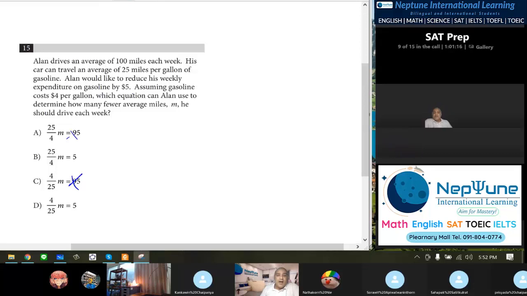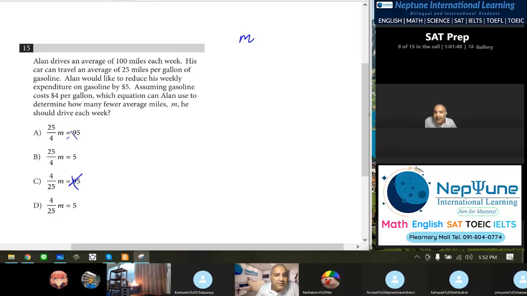He goes miles, yeah? And how much per mile? How much he has to pay per mile? We have information here. He says Alan drives an average of 100 miles. His car can travel an average of 20 miles per gallon, 25, and then it's 4.